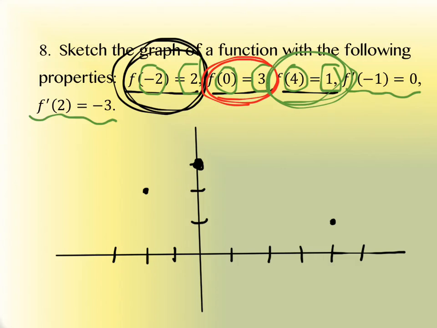Now, there may be some variations after that because the rest of the information is telling you about slopes. This one tells me that the slope is supposed to be 0 when x is -1. Well, x is -1 is down here. What does a graph look like when its slope is 0? A minimum or maximum? You get a pick. Do you want it to be a minimum or a maximum at this location, -1?